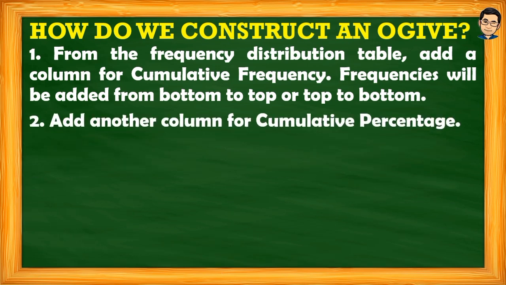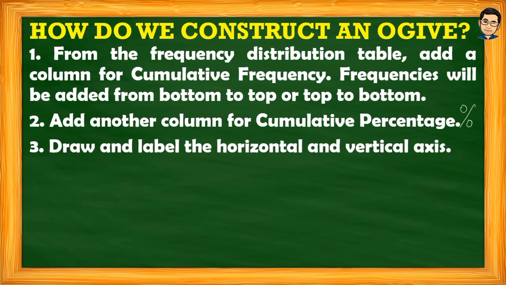Next, for the second step, add another column for cumulative percentage. Okay, so yung third column natin is cumulative frequency. So the next column naman is cumulative percentage. Okay, so sa percentage, makikita nyo dyan yung symbol na percentage. Ayan.